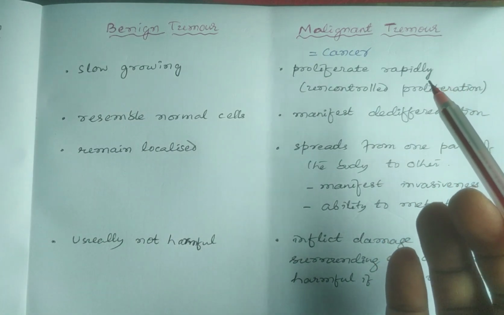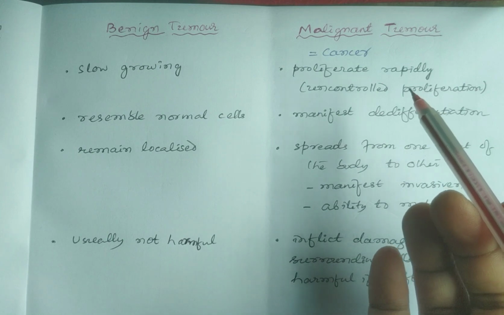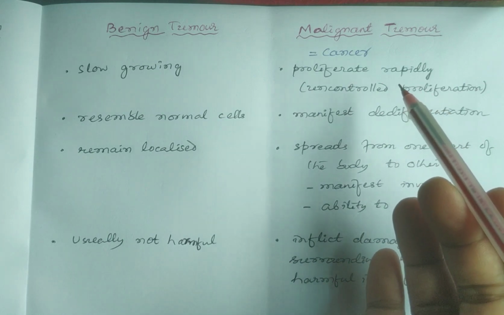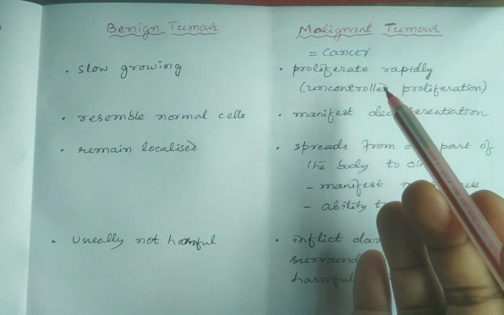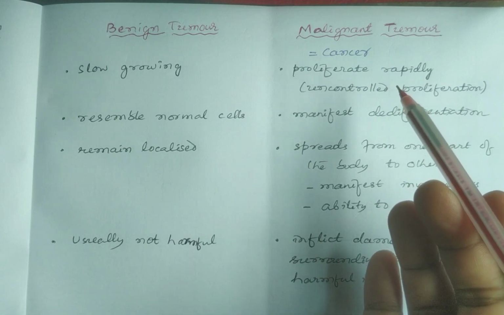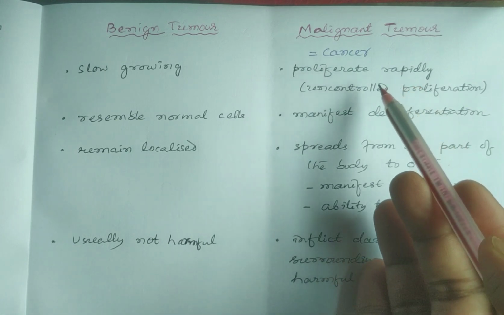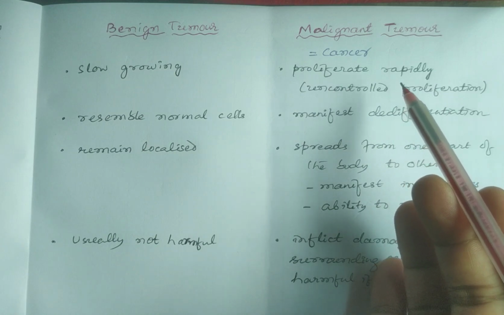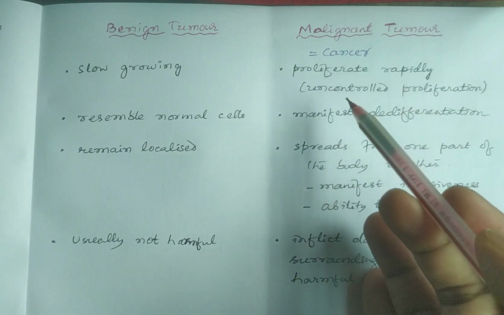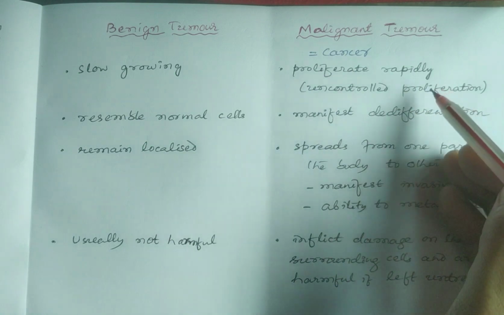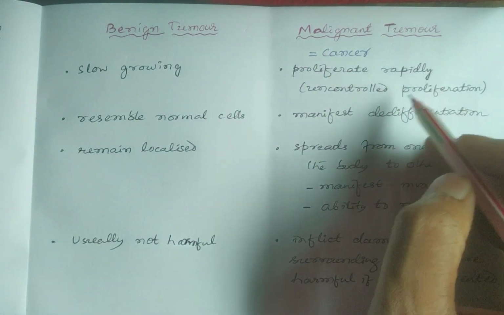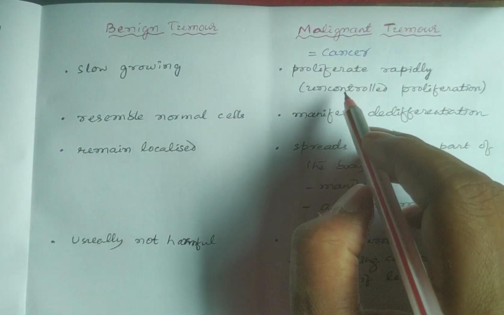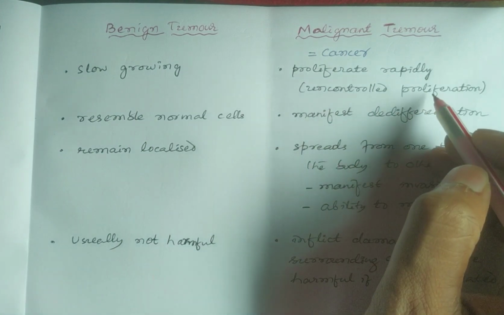For example, there is increased telomerase activity, there is a role of growth factors, there is disposal of abnormal cells by apoptosis, there is tumor angiogenesis. So many factors are there. We will discuss in detail in another video on uncontrolled proliferation.